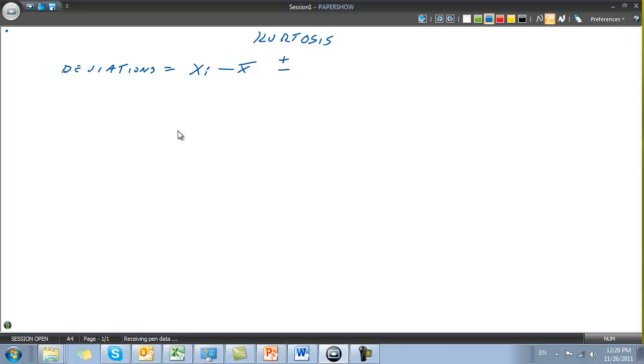But if I add them all up, I'll find that the sum is 0, because I have just as many above the average as I do below the average. And, well, the average is in the middle, so it always sums to 0. So I can't just sum the deviations to find the spread of the data overall.